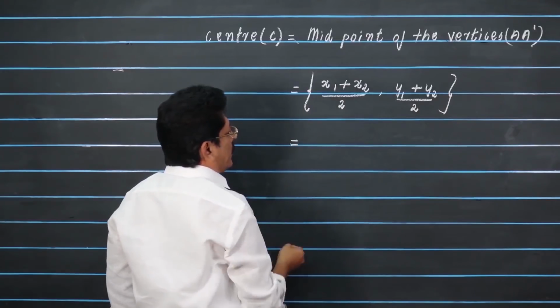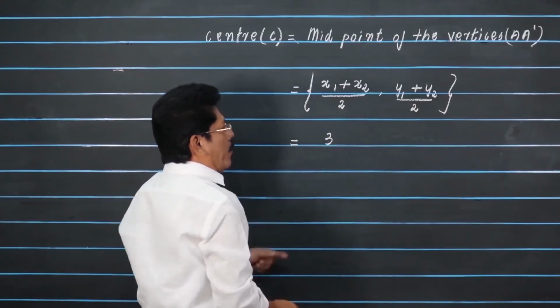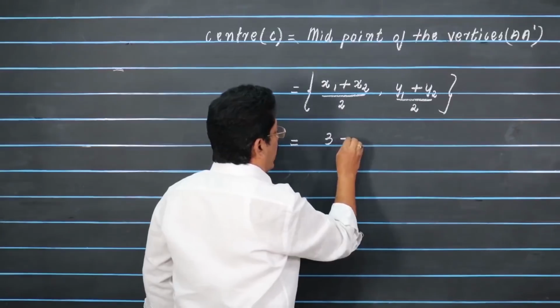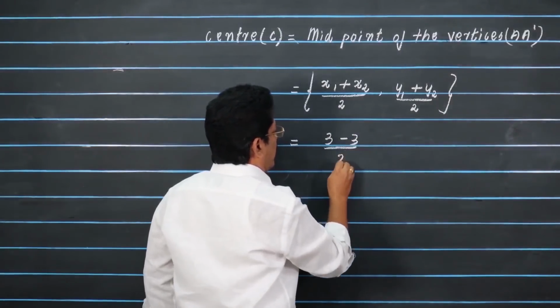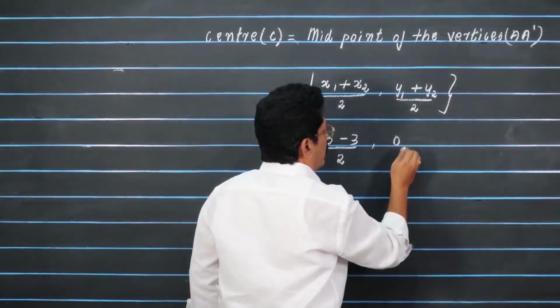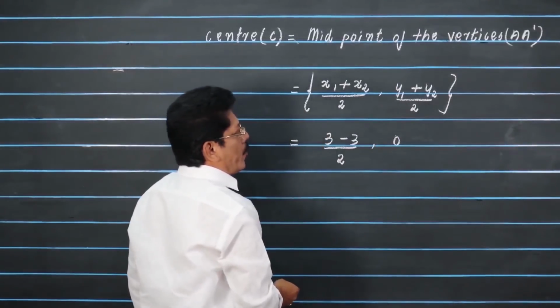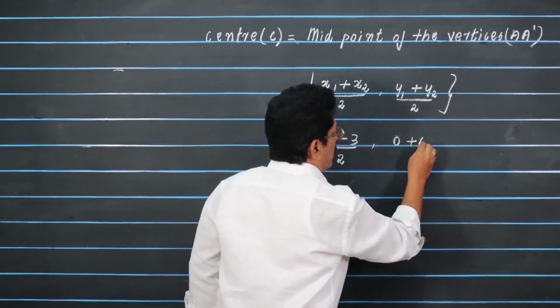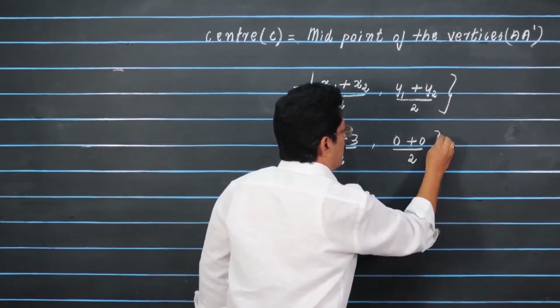What is the value of x1? 3. What is the value of x2? Minus 3 by 2. What is the value of y1? 0. What is the value of y2? 0 by 2.